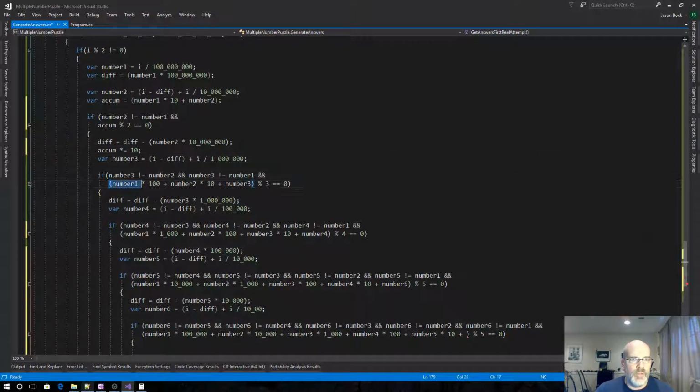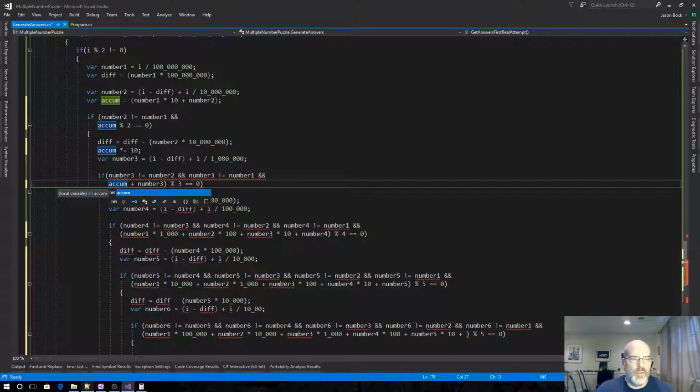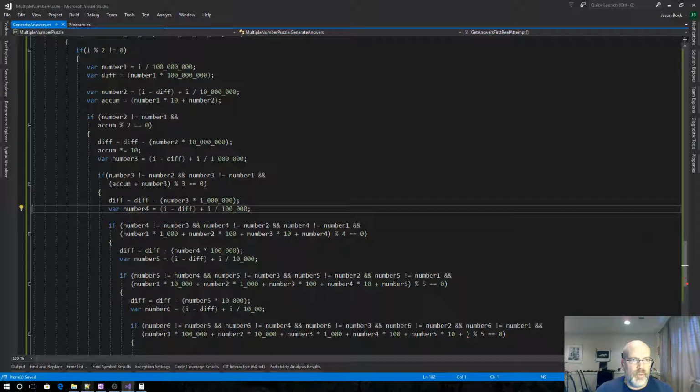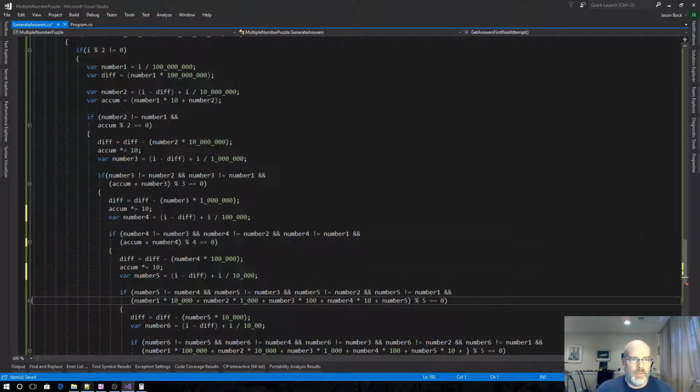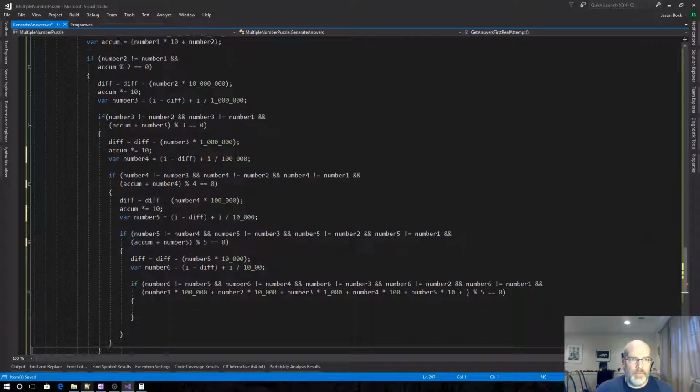And now I can say here, accum plus number. Yeah, that makes it a little bit more general. Do that. Accum number 4. Have to keep doing it because it's just shifting.